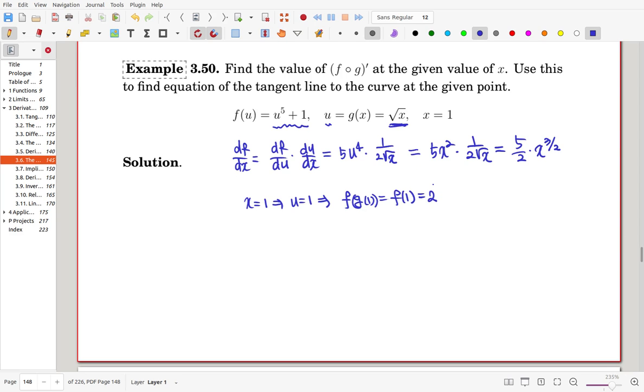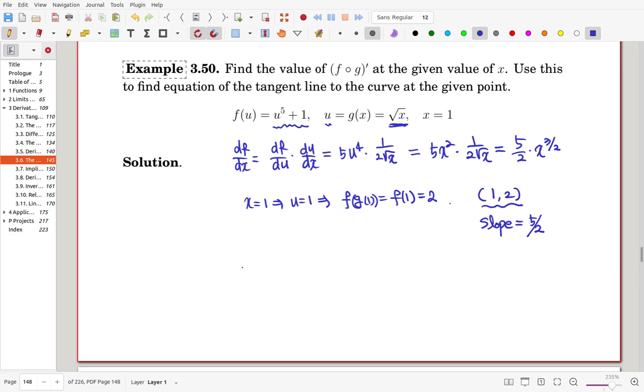So for the composite function, the point is now (1, 2), and at x equals 1 the slope is, x is 1, then the value is 1, and now there's 5 over 2.